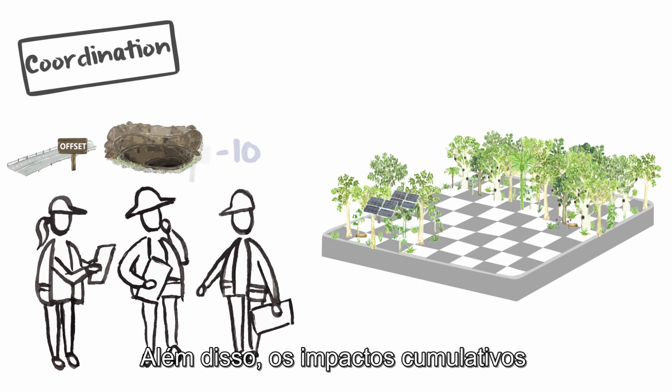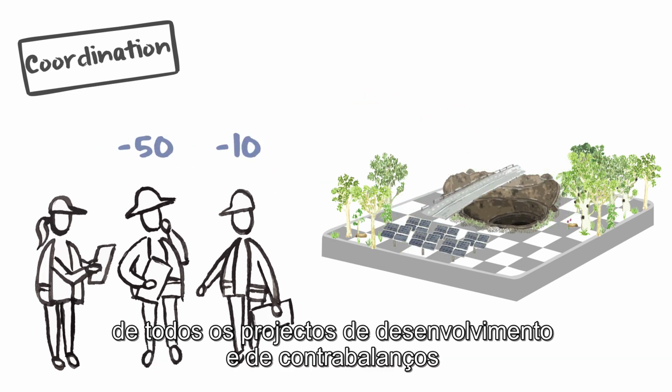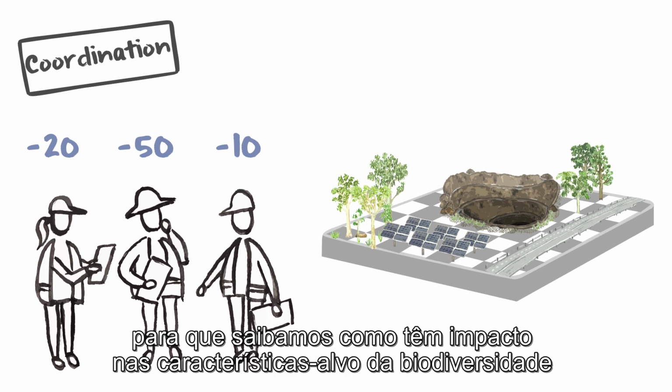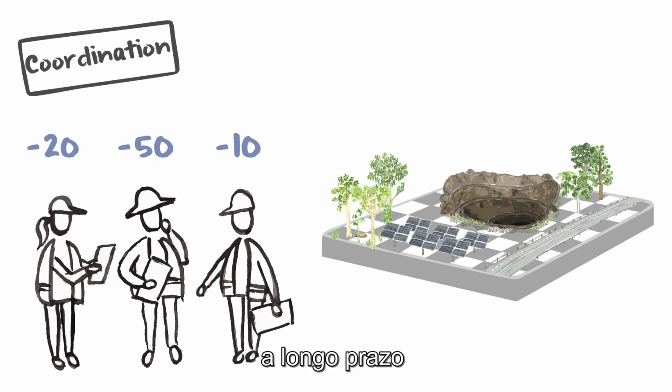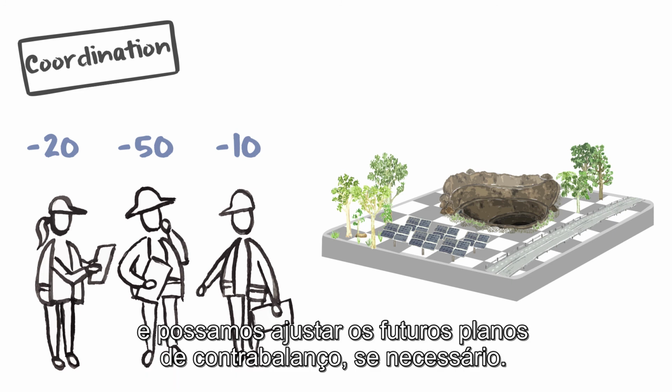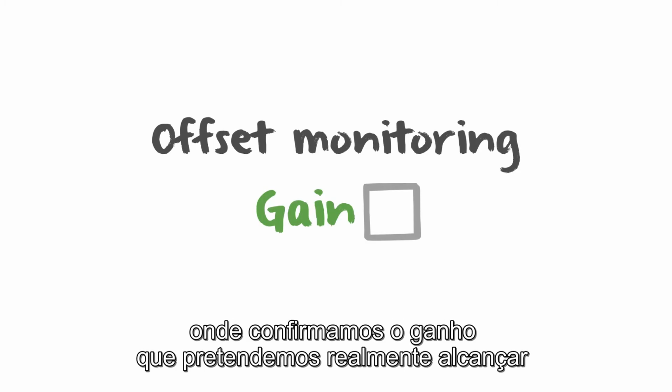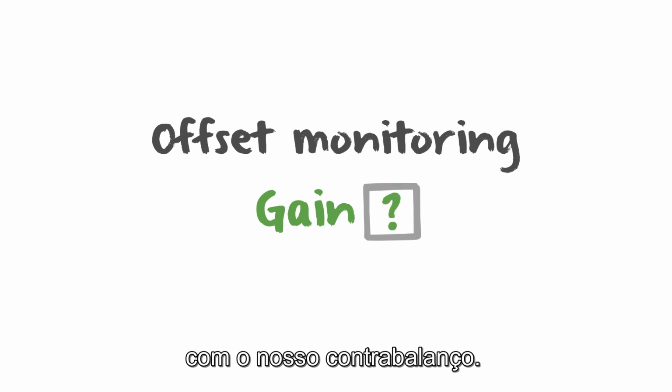Also, the cumulative impacts of all development and offset projects should be monitored at the landscape level so that we know how they impact the target biodiversity features in the long term, and we can adjust future offset plans if needed. We discuss offset monitoring, where we confirm that the gain we aimed to achieve with our offset really occurred, in video 9.